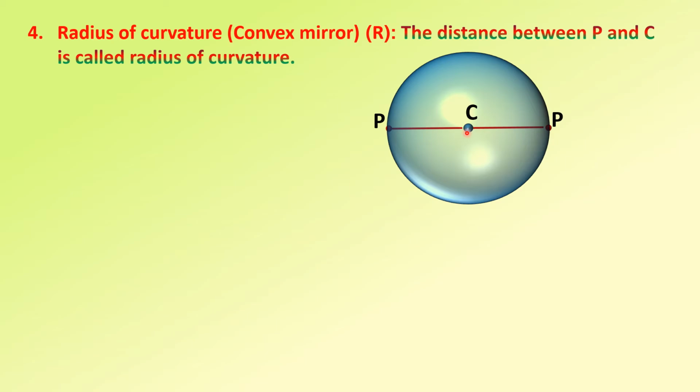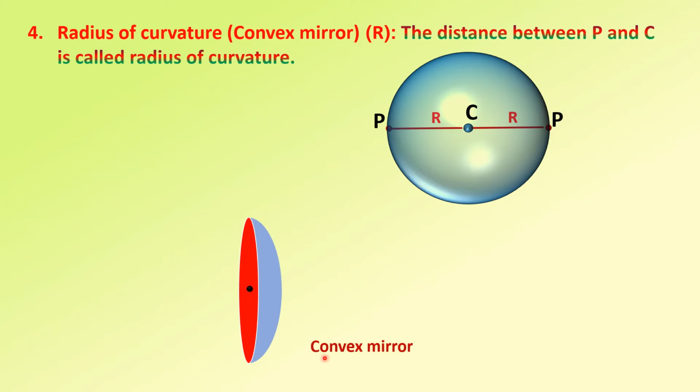And the radius of this sphere is nothing but the radius of curvature of the convex mirror, because this mirror is part of this sphere only.